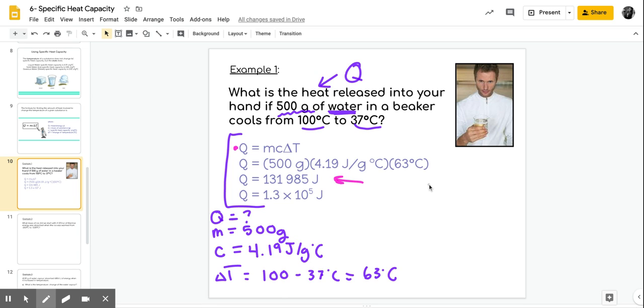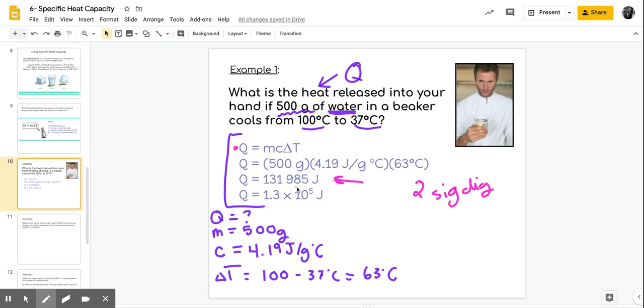Okay, which is where most of you will stop, but we have done a little lesson on significant digits, which we need to apply in every single calculation question we do in physics. So sig digs, we are looking at the least significant, which means I'm dealing with 2 sig digs right here. Okay, 37, 1, 2. These guys are 3, so 2 sig digs, which means I can't round these away.